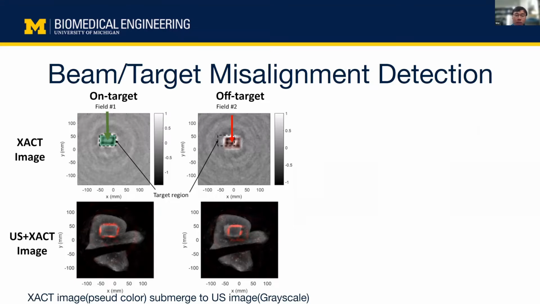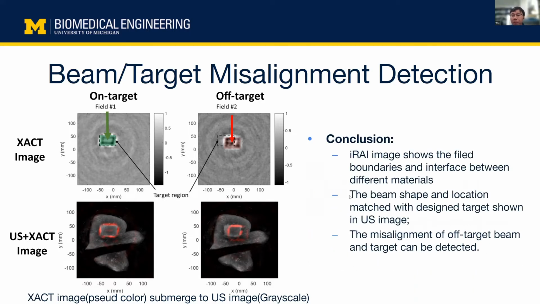And combining with the ultrasound image acquired with a commercial device, we can see that the radiation beam is delivered to the target, whereas when we perform the radiation beam off the target, we can see that the radiation beam is misaligned with the target. So with this, we can have a short conclusion that the iRAI image shows the field boundary and the interface between the different materials.